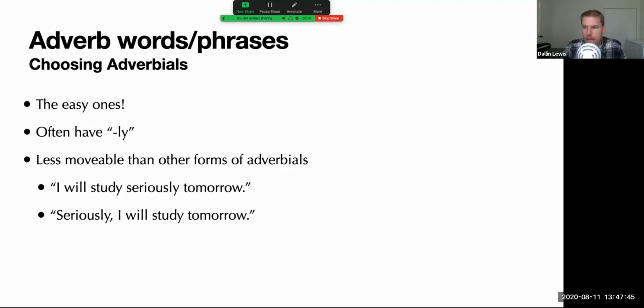So, for instance, the adverb seriously means something very different if you say, I will study seriously tomorrow versus seriously, I will study tomorrow. Or even if you say, I will study tomorrow seriously, in which case it means that you're going to take the concept of tomorrow very seriously. So the word itself can move around, but it changes the meaning more often than other adverbials would.